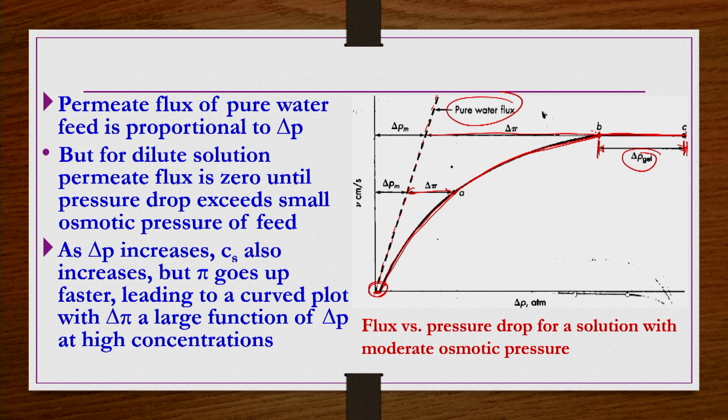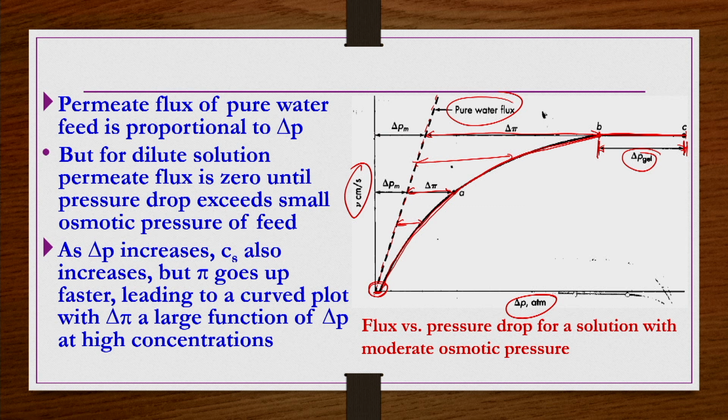How largely it is increasing from one level to the other level gradually, you can see. So, as the pressure drop increases, the osmotic pressure is increasing to a larger extent, at a faster rate. This is the permeate flux versus pressure drop plot for a kind of ultrafiltration membrane.